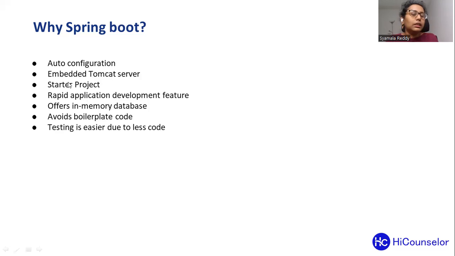Now, Spring Boot also deals with some property files. When you want to do some manual configurations, you might be asking, is it possible in Spring Boot that we can change some XML files and do some manual configuration?